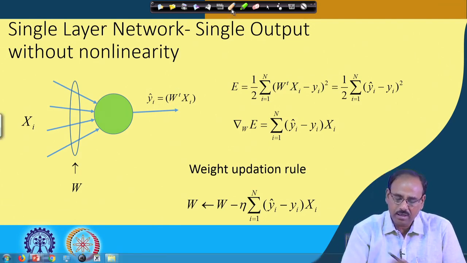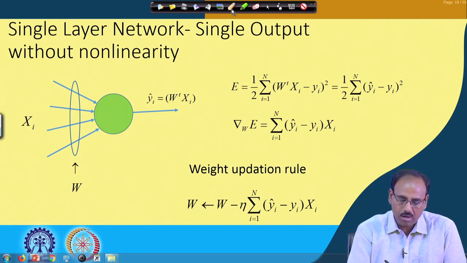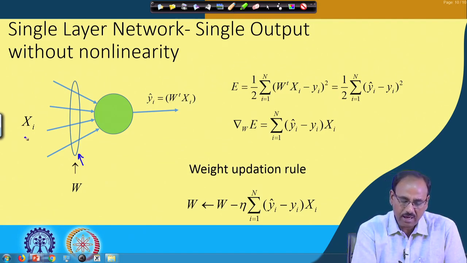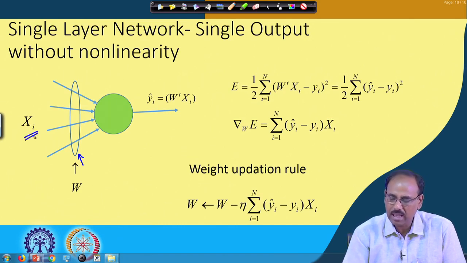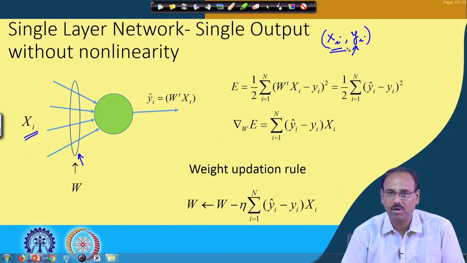So, again I take a single network, a single neuron, where the weight vector is w. If I feed an input vector xi, then as we said before, for training I get the input vectors as pairs xi, yi, where yi is the class index to which this vector xi belongs.